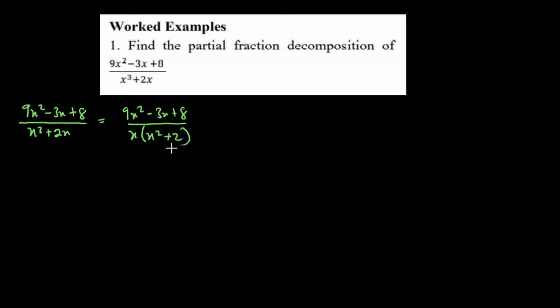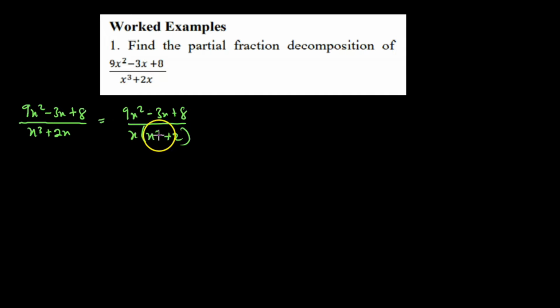Now, if you look at it carefully, having my 9x squared minus 3x plus 8 all divided by x cubed plus 2x, you realize that I can write one factor as 9x squared minus 3x plus 8 all on x into brackets x squared plus 2. And this is the only factor I can actually generate.